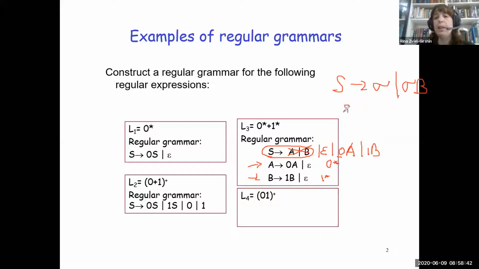And I had S provides a variable without any letter. This rule is okay for context-free grammar, but not okay for regular grammar. So I should not use single variable unit rules in a regular grammar.